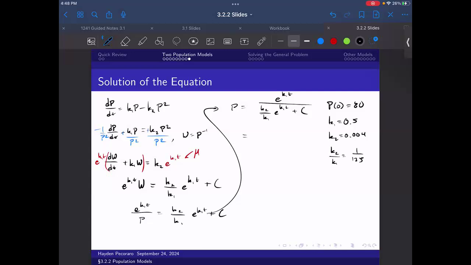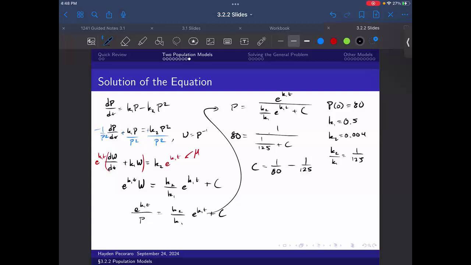And so we've got 80 equals 1 over 125 plus C. We can solve that for C. We should get 1 over 80 minus 1 over 125. Okay. And then I don't care to find out what that is.